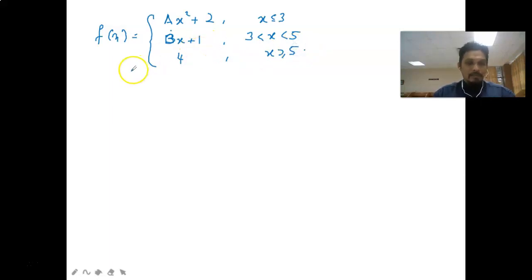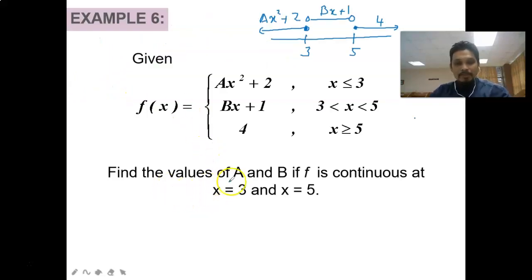Now the question says to find the values of a and b if function f is continuous at x equal to 3 and x equal to 5.